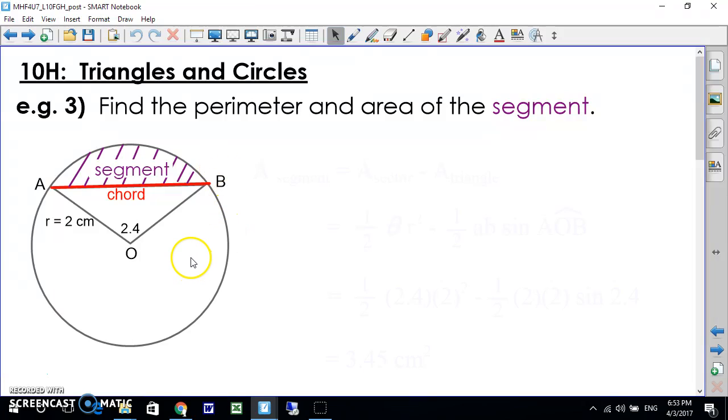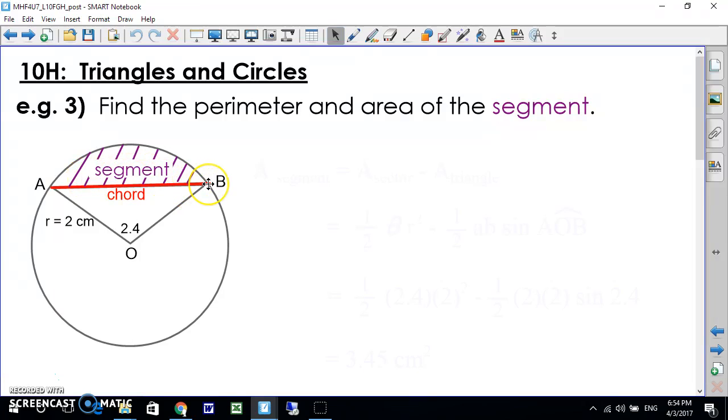In this diagram, you can see a red line connecting 2 points found on the circumference of the circle, A and B, but this line doesn't pass through the center O. Any line that connects 2 points on the circumference but does not pass through the center of a circle is called a chord. And the area marked off by the chord and the circumference is called the segment. So we are looking for the perimeter and area of the segment in this case.